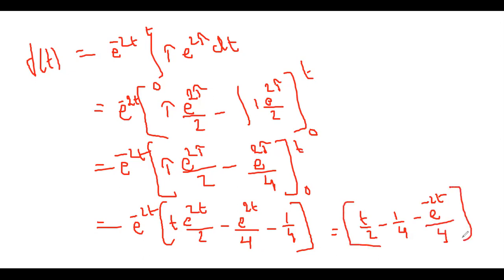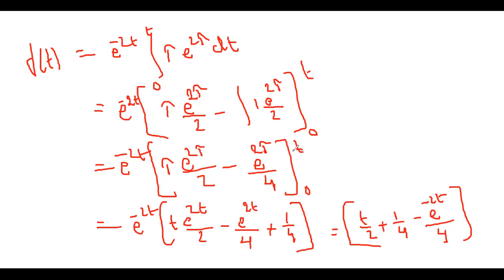So the final answer is t by 2 minus 1 by 4 and minus 1 by 4 into e power minus 2t. And since I am substituting the lower limit, it becomes a plus, my dear students.